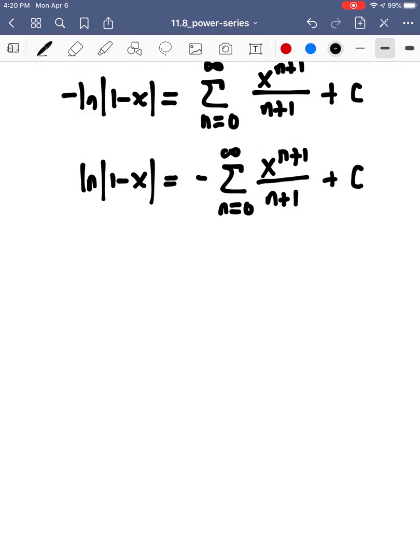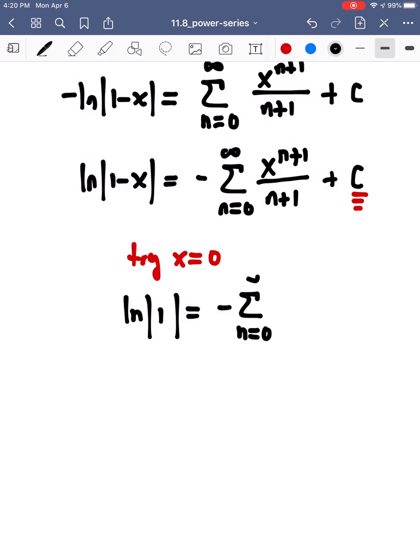And you might be wondering now, how can we get the identity of that integration constant? Well, let's just choose our value of x. Say x equals 0. If we do x equals 0, the left-hand side just gives us ln of 1. The right-hand side will give us this infinite sum of just 0 now being raised to the n plus first power all over n plus 1 plus c.